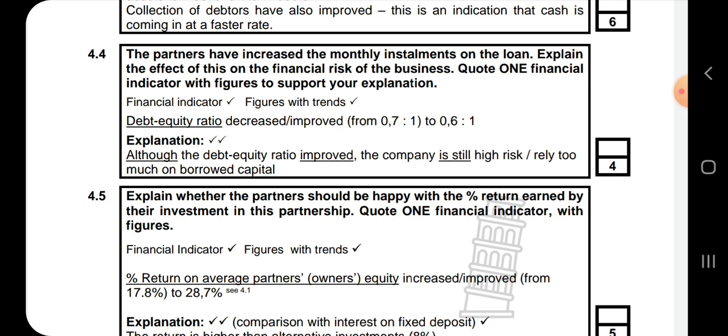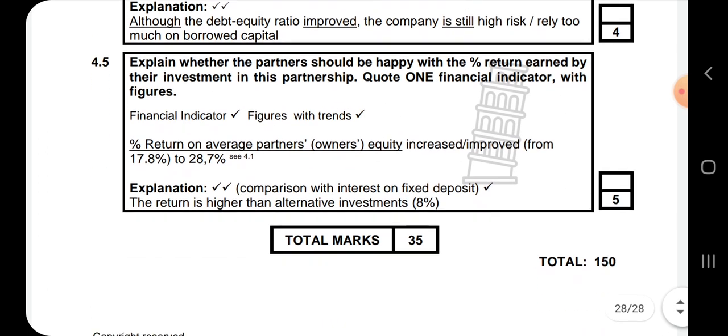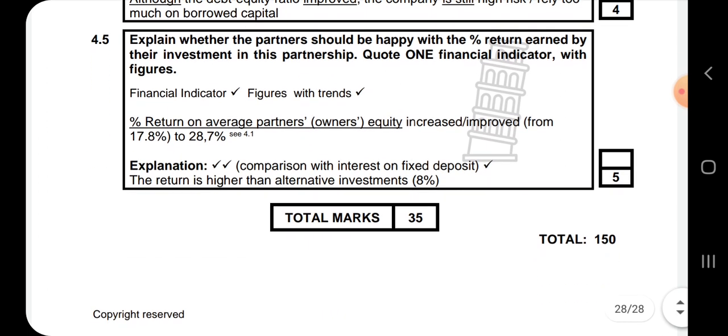Although the debt equity ratio improved, the company is still high risk, relying too much on borrowed capital, so it has to go down. Explain whether the partners should be happy with the % return earned by their investment in this partnership. Quote 1 financial indicator with figures. The financial indicator gets 1 mark, the figure with trends gets 1 mark, and explanation gets 2.